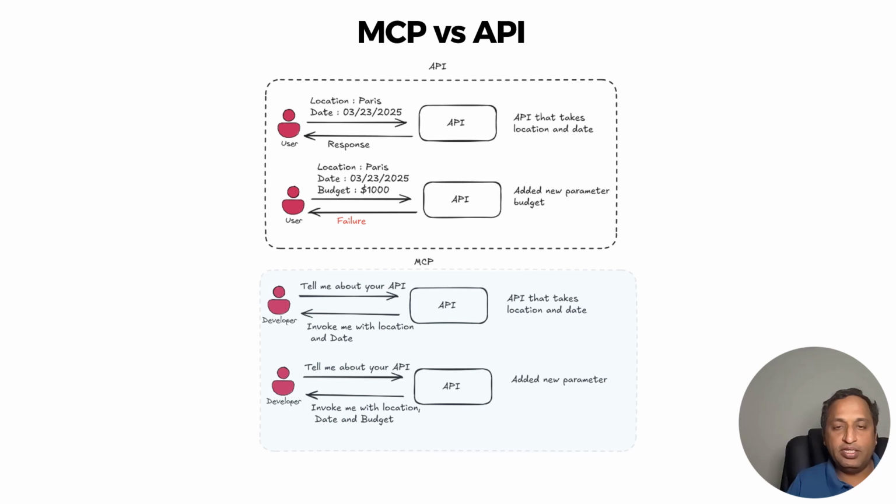You don't have to change any code, because the agent knows that it has to pass a budget. When the user says get me a travel plan from Paris on this date within a $1,000 budget, it knows that the user has provided a $1,000 budget and that it needs to pass this data to the MCP server, without any changes to the code which invokes it. That's the real power of MCP.